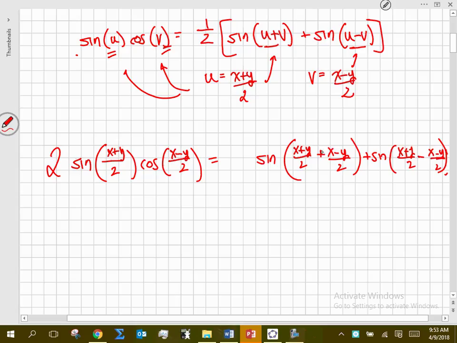What's going to happen with the y's right here? They cancel out. And what are you going to get for your x's? 2 x's, right, up top? But it's all over 2, correct? So 2x divided by 2 is just 1x, right? What happens over here? This becomes, it's minus this quantity, so it becomes plus the opposite of x, and the opposite of negative y, which becomes positive y.